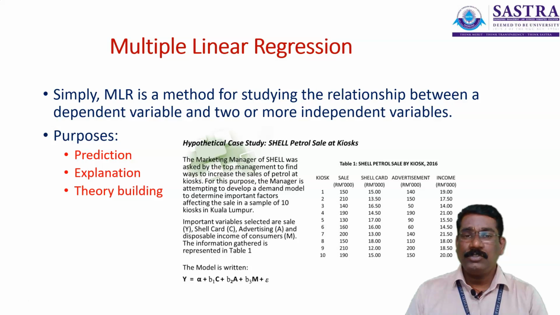So that's where multiple linear regression analysis gives you a prediction, and it also gives an explanation of how much importance, and on which variable, a manager has to give due importance so that it really motivates the individual employee.